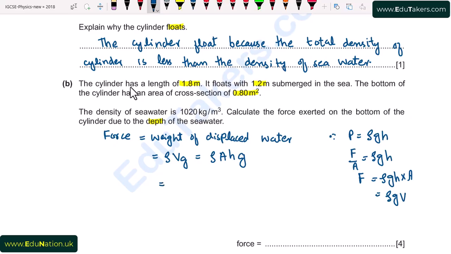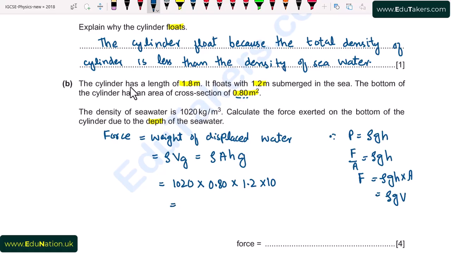So putting in the values, the density is given, that is 1020, multiplied by the area, 0.80 meter squared, multiplied by height, which is given, 1.2 meters, multiplied by the value of g, 10 meters per second squared.